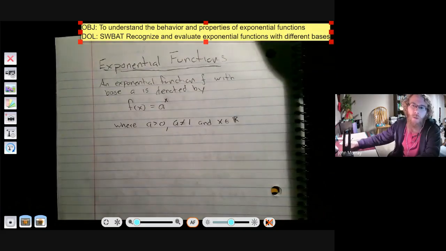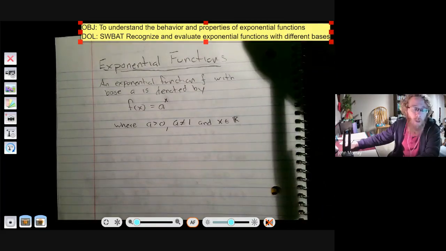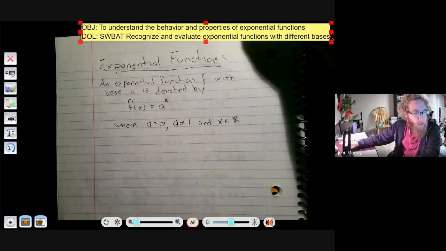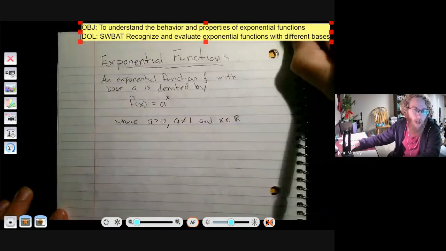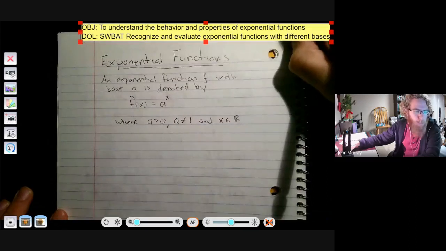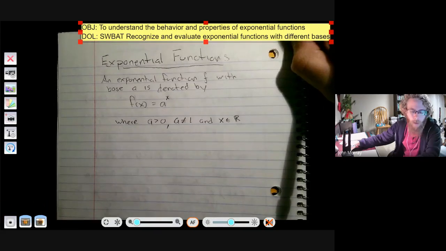But in biology, when we're talking about things like population growth, like cells and bacteria that are doubling, that's an exponential function. In chemistry, I'm not sure if you've talked about it yet, but there's something called half-life, and that has to do with radioactive things decreasing.